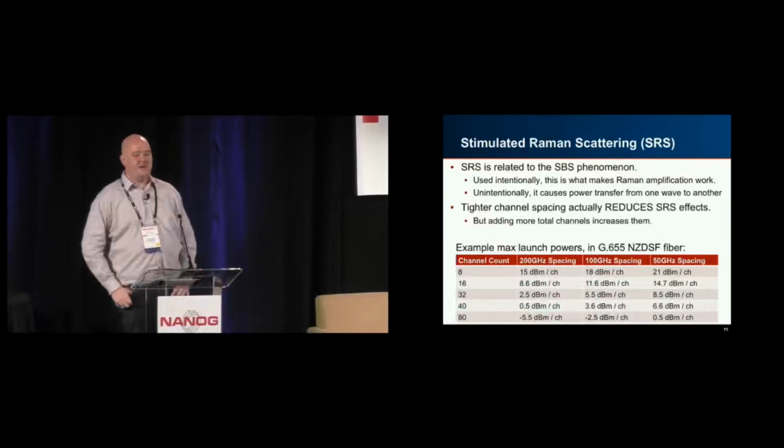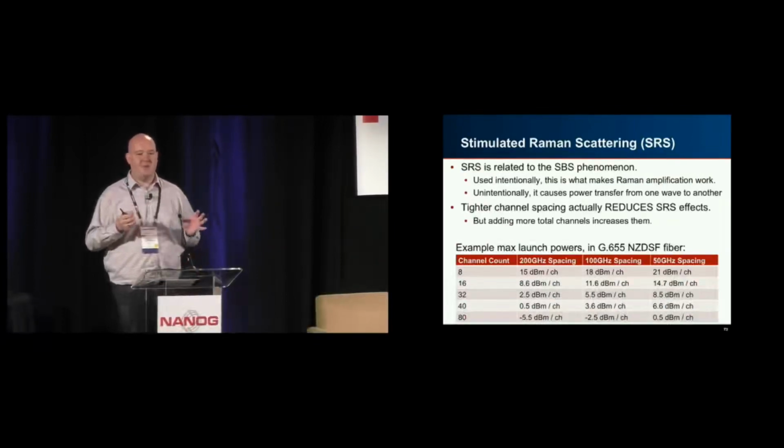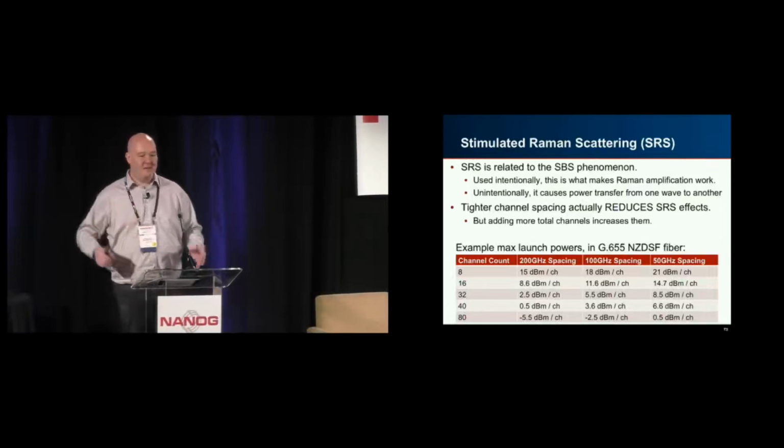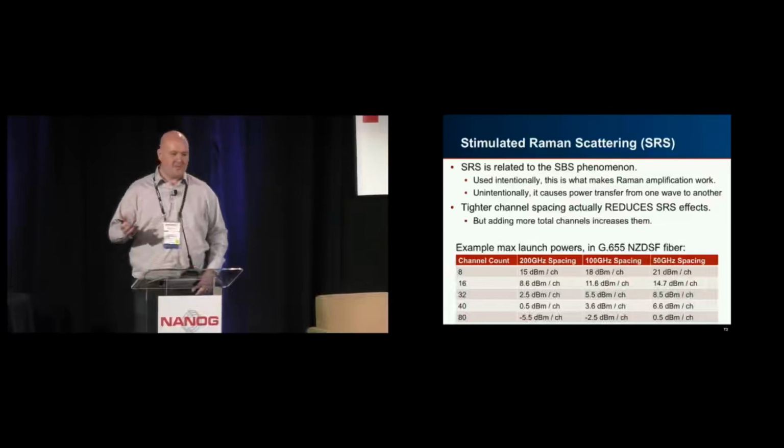SRS, stimulated Raman scattering, is a very similar phenomenon, but what's happening here is when you put too much power into the system, it causes power to be transferred from one frequency to another. When you do this intentionally, this is how Raman amplification works. When you do this unintentionally, you cause noise. Ironically, making the channels tighter actually reduces the SRS effects.